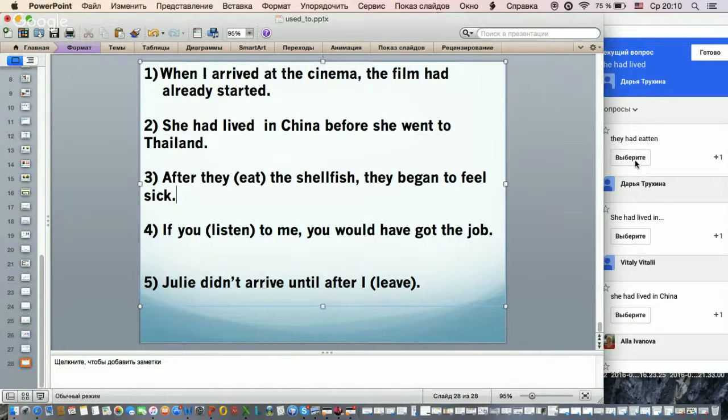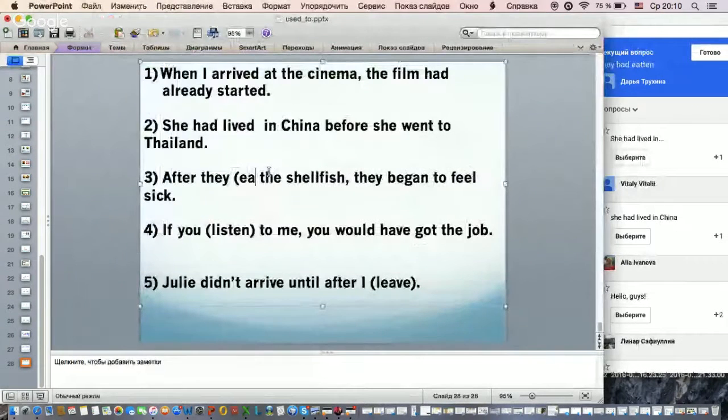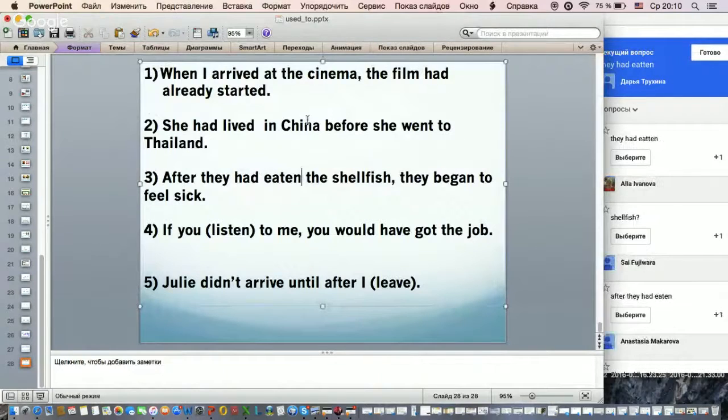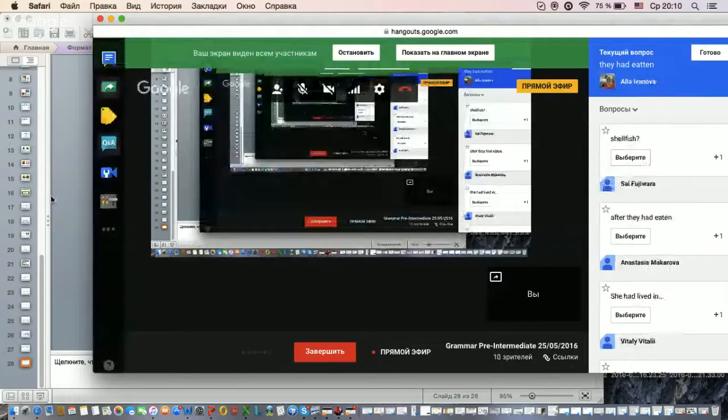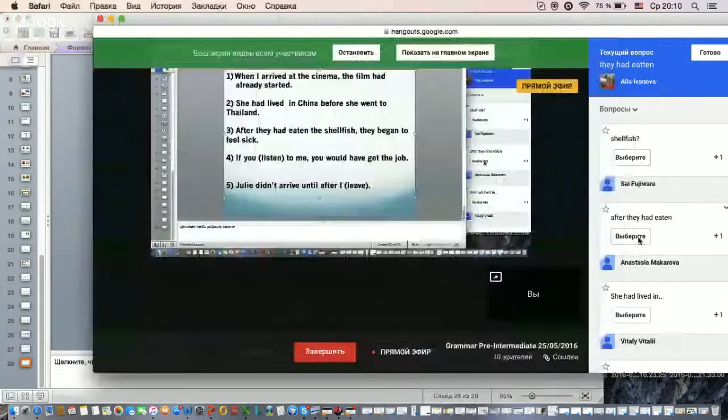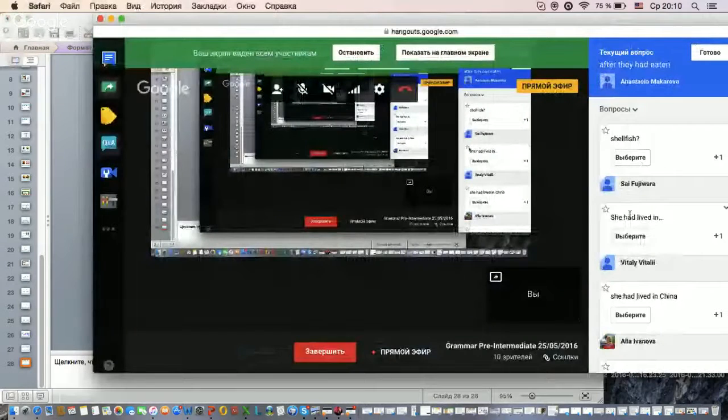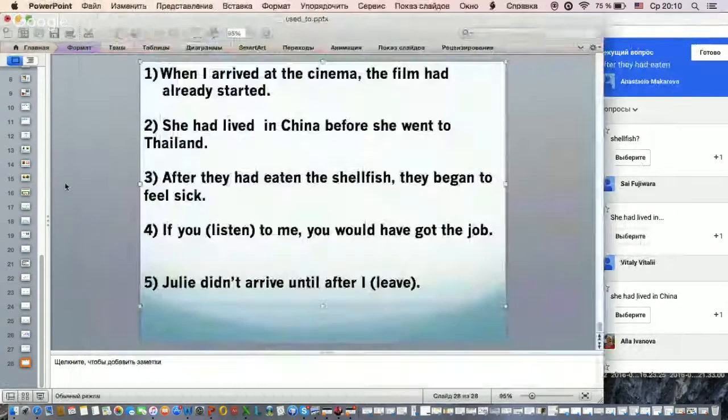Ну, почти. Только там одна буква T. Alright. В остальном все верно. So after they had eaten. Alright. After they had eaten the shellfish, they began to feel sick.